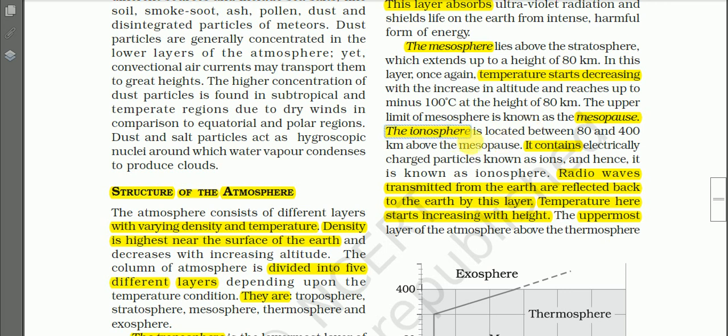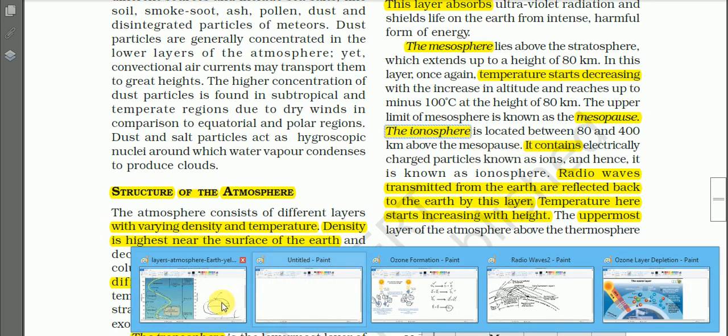And see here, the ionosphere, a layer containing ions, is located between 80 and 400 kilometers above the mesopause, that is in the thermosphere.